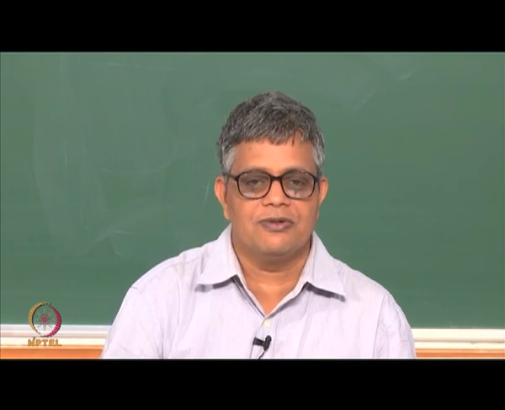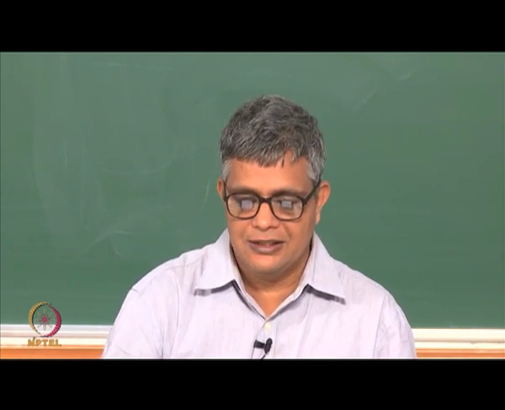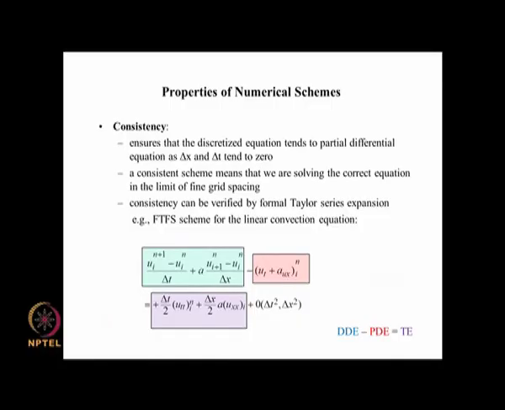So, consistency is an important property from the point of view of getting a proper solution, and consistency here ensures that the discretized equation tends to the partial differential equation as delta x and delta t tend to 0.